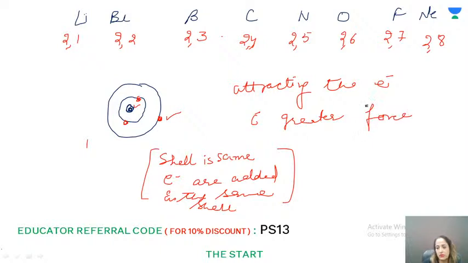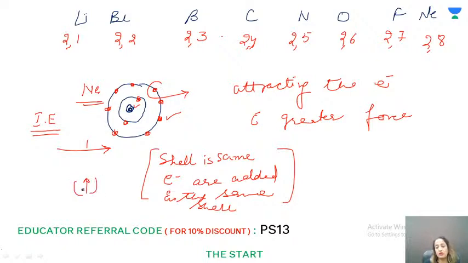So it will be very difficult for us to remove, let's say, 8 electrons from a neon atom. That means the ionization energy increases as we move along the period.